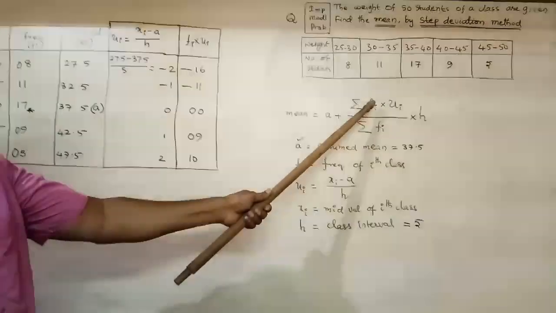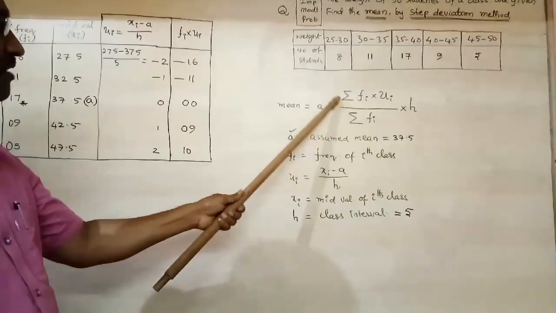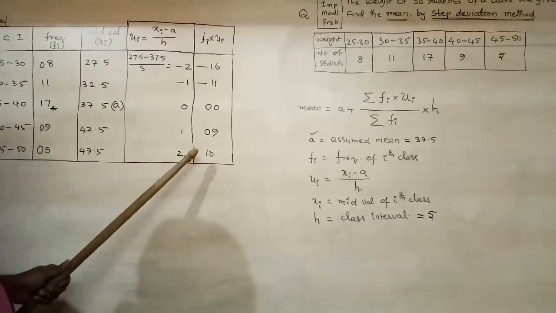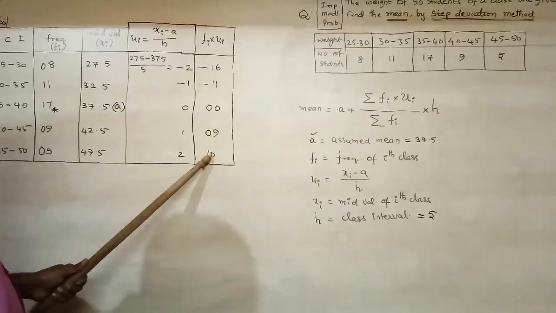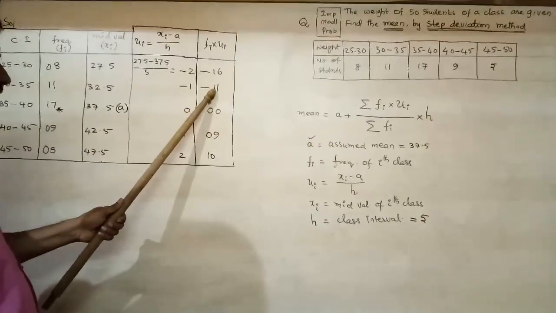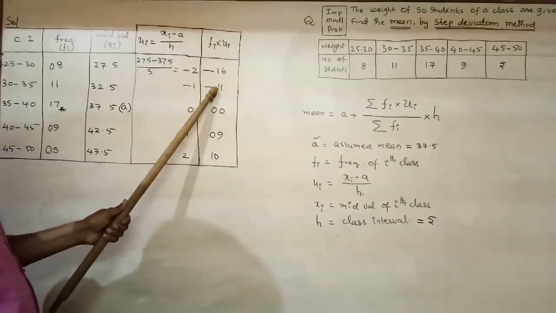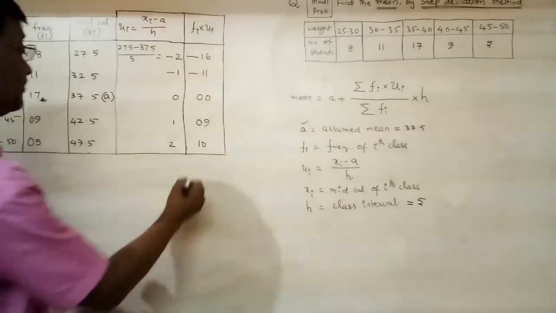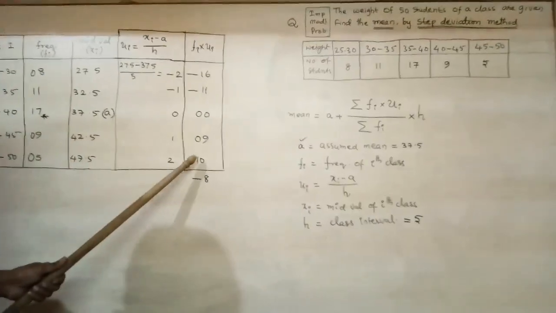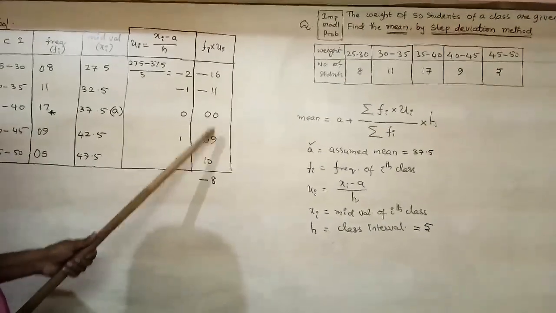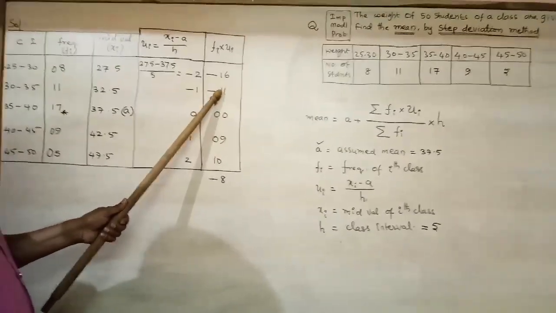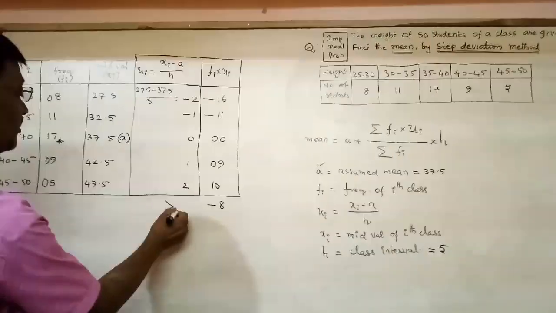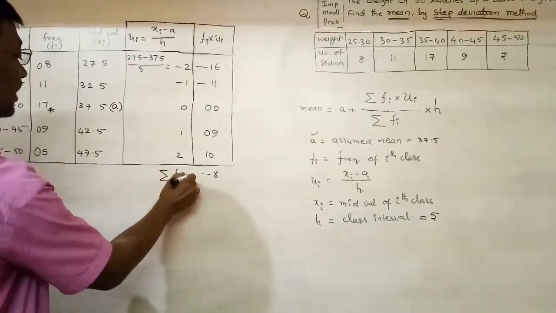Now find the summation of fi ui: 10 plus 9 is 19, 19 minus 11 is 8, 8 minus 16 is minus 8. This is the value of sigma fi ui.